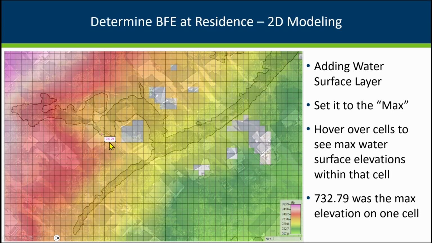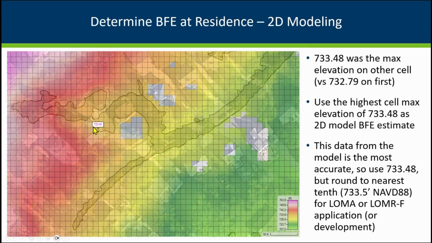So one's here at 732.79, the other's at 733.48. So we'll take the higher of those, and we'll say that our BFE is 733.5, because we'll round it to the nearest tenth, which is more accurate and lower than the numbers that we were getting, again, almost 737 using prorating, and the contour was at 734. So the contour wasn't too bad. That was at least close.